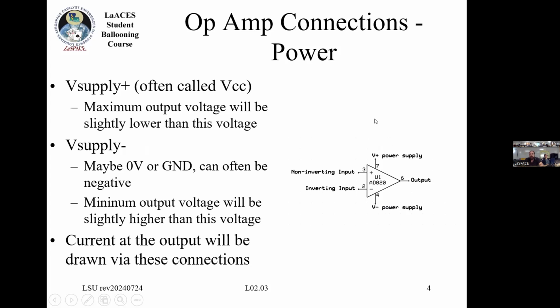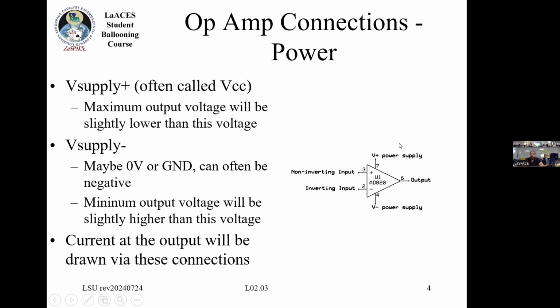The other important thing is whatever current is going through this output, because a common use for these things is to drive something larger that takes more current. You have some signal you're monitoring, but the thing you're sending the signal to takes more current.